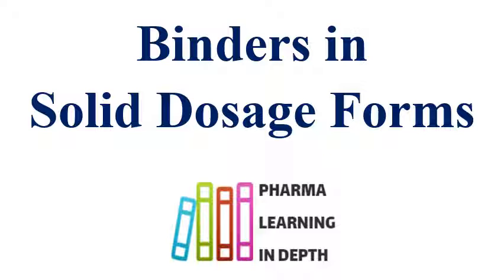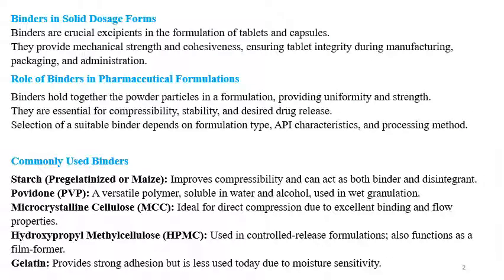Binders are a class of excipients which play a crucial role in oral formulations by giving the binding, the mechanical strength, the holding capacity, and the cohesiveness to the materials.